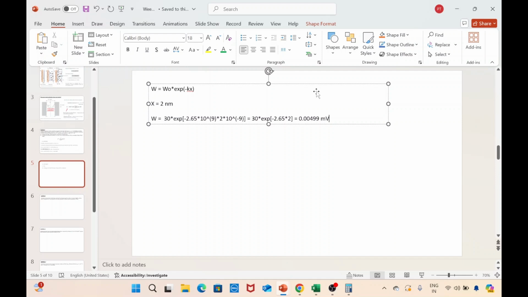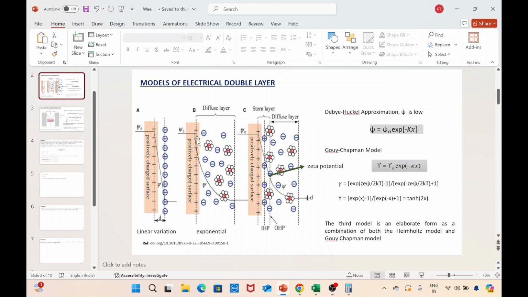This is probably because of the fact that the surface potential has an effect only up to the Debye length. Beyond the Debye length, the potential decreases rapidly, and it reaches an extent where the value is very minimal. That's what is predicted from this graph. At the surface, the potential is maximum, that is psi naught.